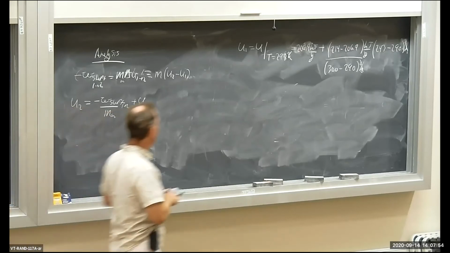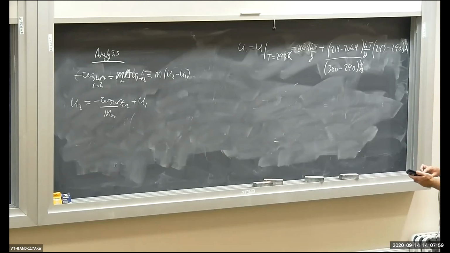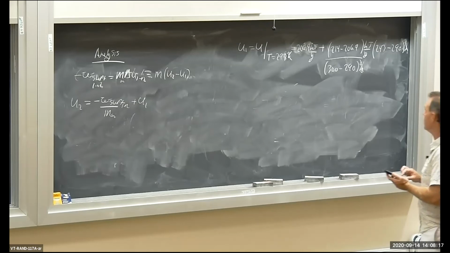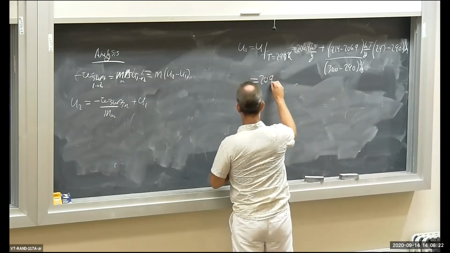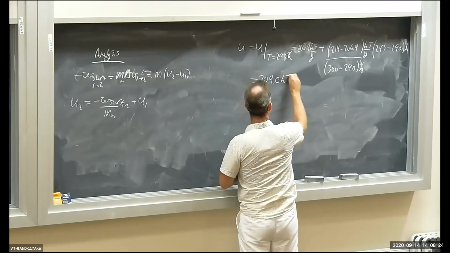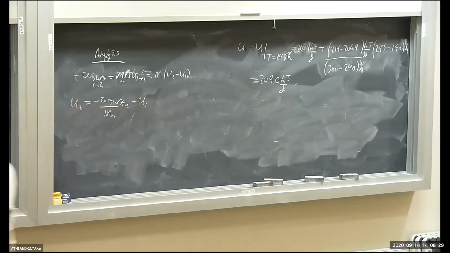So 206.9 plus (214 minus 206.9) divided by 10, and then I multiply this by 3. And I get 209.0 kilojoules per kilogram. So U1 is 209 kilojoules per kilogram.